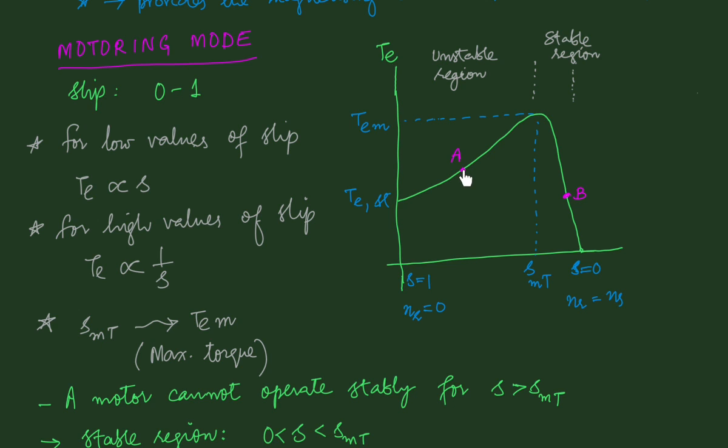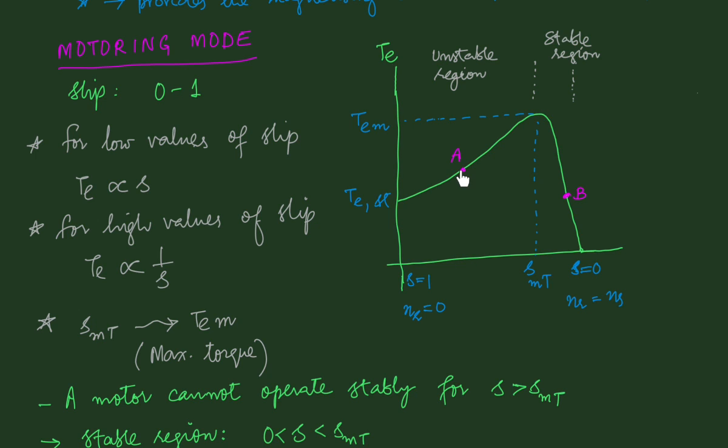By equilibrium, we mean that the electromagnetically developed torque Te will be equal to the opposing torque, which will be the load torque. So the load torque is equal to the developed torque, and the motor therefore will be operating in equilibrium at point A at a particular speed.